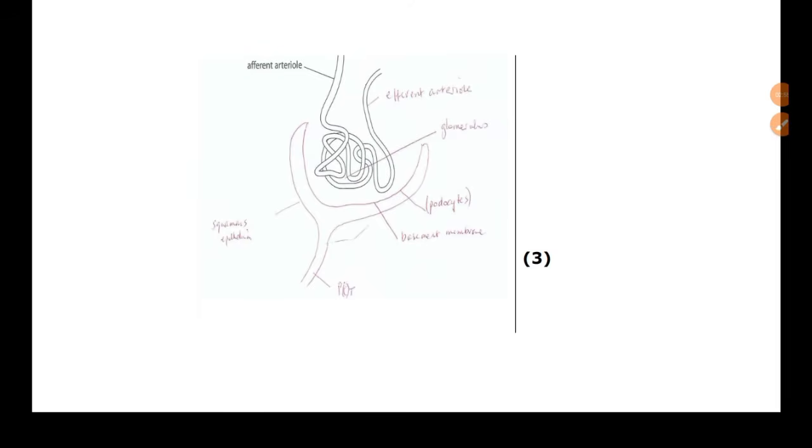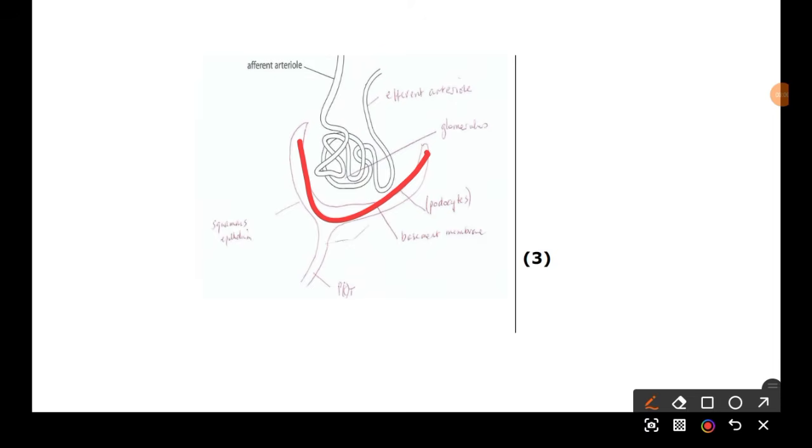Okay, so there was a mark for this and then a mark for 3 labelings. Personally, I'd write basement membrane and efferent arteriole, especially because it already said efferent arteriole, so this must be the other one, even if you forgot which is which. What else?